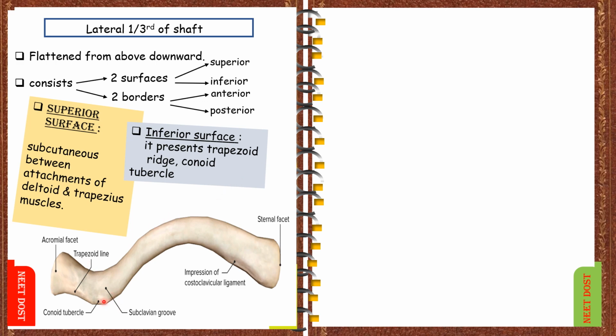The conoid tubercle is located on the inferior surface near the posterior border at the junction of the lateral 1/4 and the medial 3/4 of the clavicle.